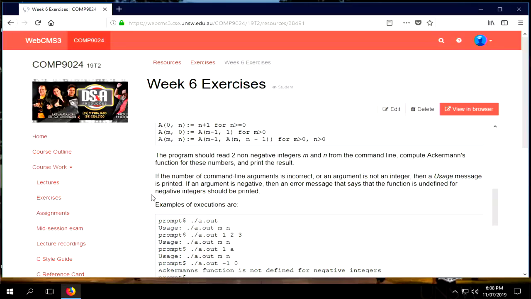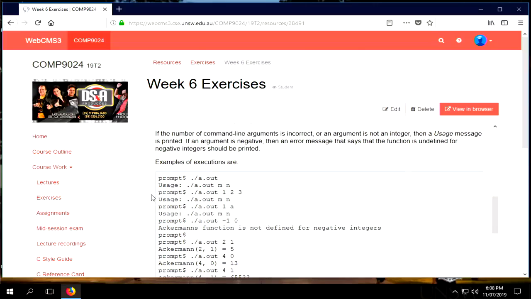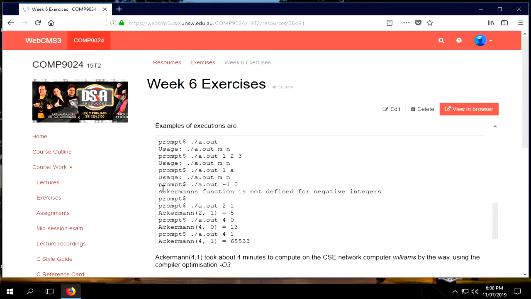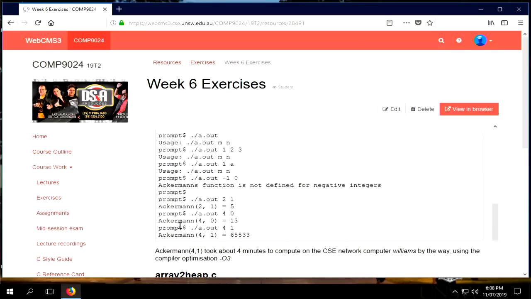Okay, so this question asks you to write Ackermann's function. The thing about Ackermann's function is it gets big. So that means, for example, when you look at the last couple of test cases there, Ackermann's function 2,1 and 4,0, they're 5 and 13, and Ackermann's 4,1 is 65,533.